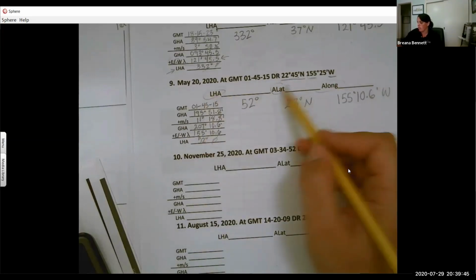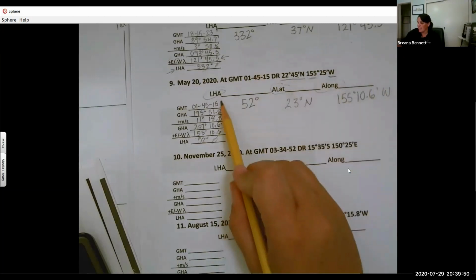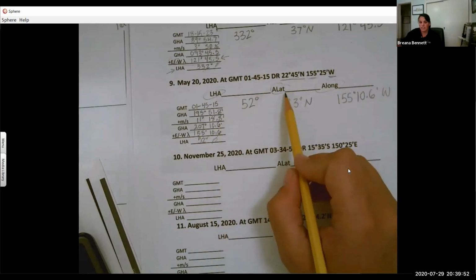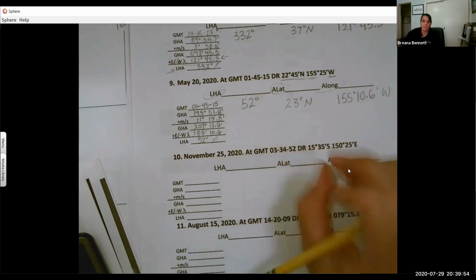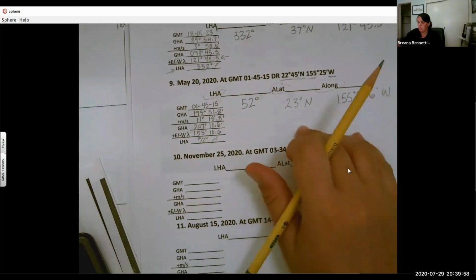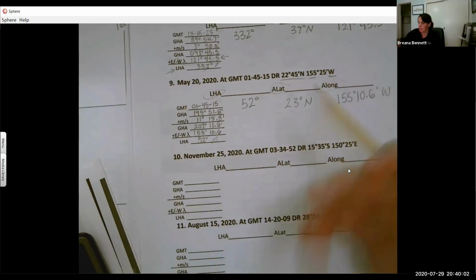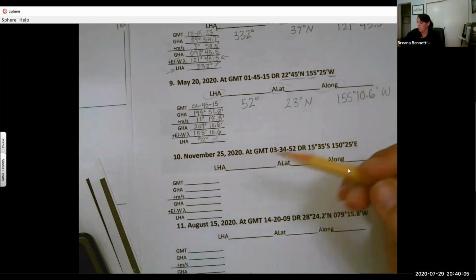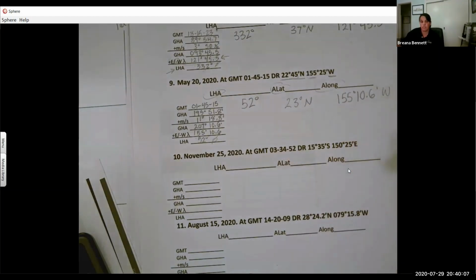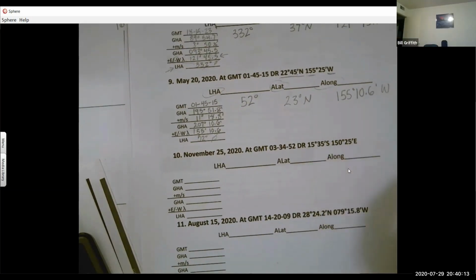Well, they're not the three things, but your LHA and your assumed latitude are the two whole numbers that you go into the Pub 229 with. So you're just computing an altitude for an assumed position. That's essentially what you're doing. Okay, any questions so far?